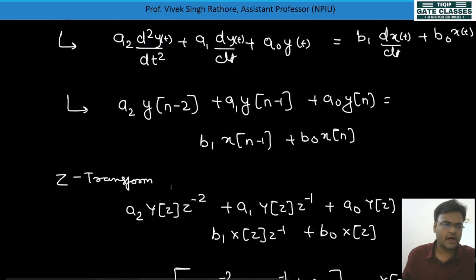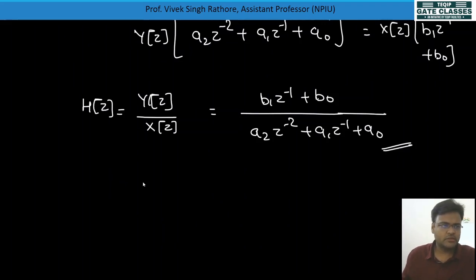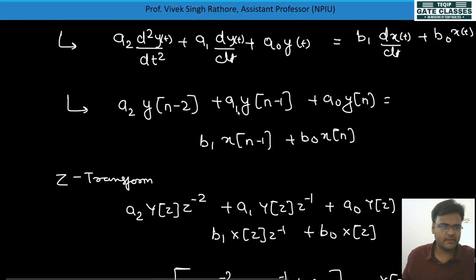Now if you have been asked that, let's suppose, you need the total output, then what you can do: Y of z is there, y of n minus 1, and y of n is there.